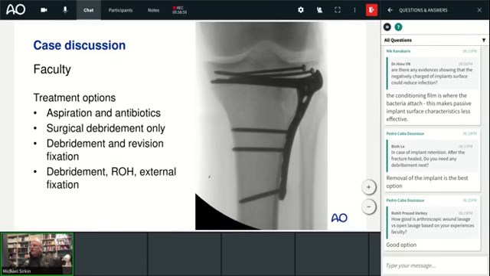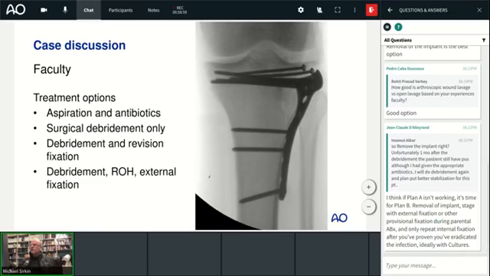And so we could talk about the same things, whether we want to do the same aspiration, antibiotics, surgical debridement only, debridement and revision fixation, or debridement and removal of hardware with external fixation. But I think given the same circumstances in a 29-year-old with what appears to be stable fixation going in, again, we'll test it. It's the same treatment algorithm that we had before.